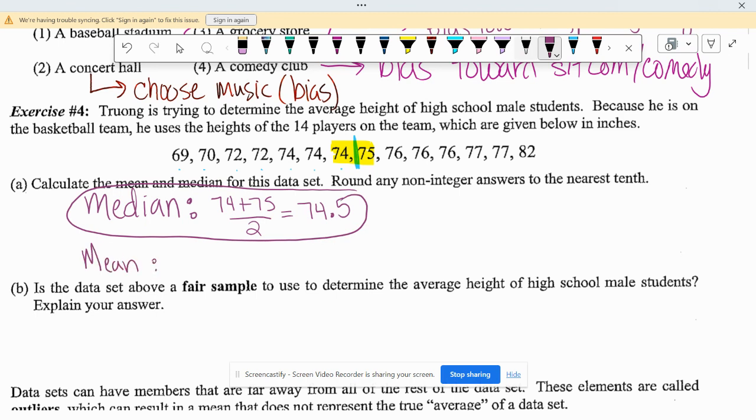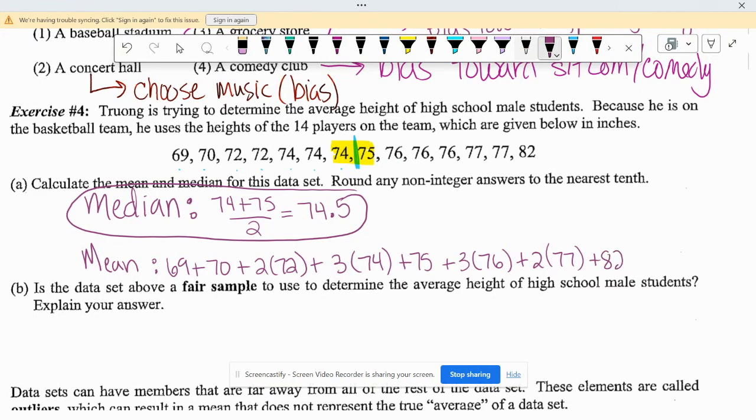I would take 69 plus 70 plus 2 times 72 plus 3 times 74 plus 75 plus 3 times 76 plus 2 times 77 plus 82. When I do that, what number do I get? Did I do that?